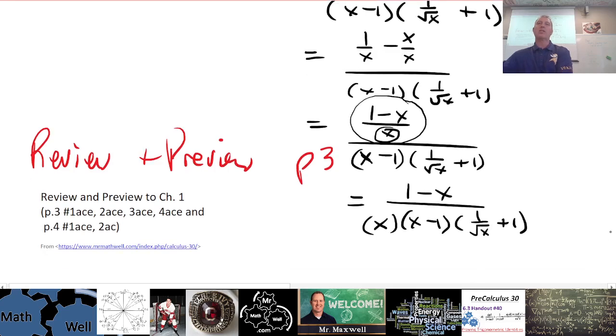And we're getting close to being able to divide out something. Do you see how 1 minus x and x minus 1 is almost the same? Do you remember how you do that? Yes, you take out a negative 1, and if you have a negative 1 as a factor, then this becomes minus 1 plus x, which is the same as x minus 1, so those are gone.